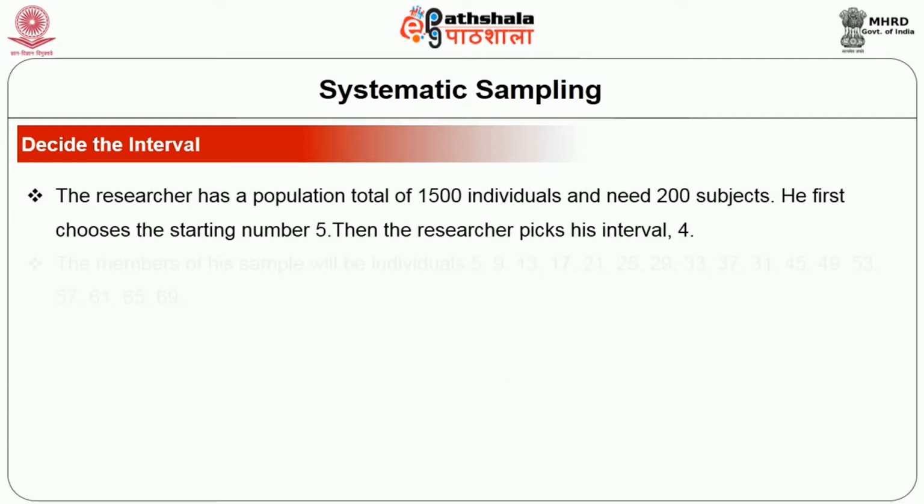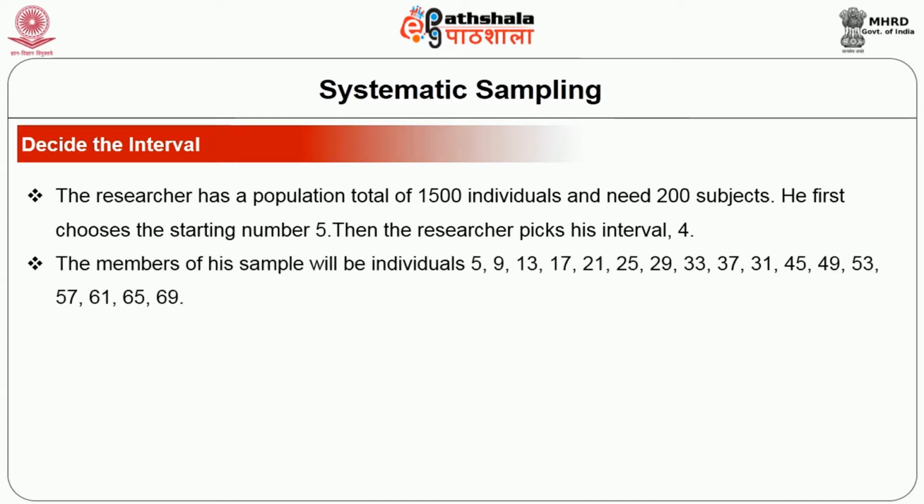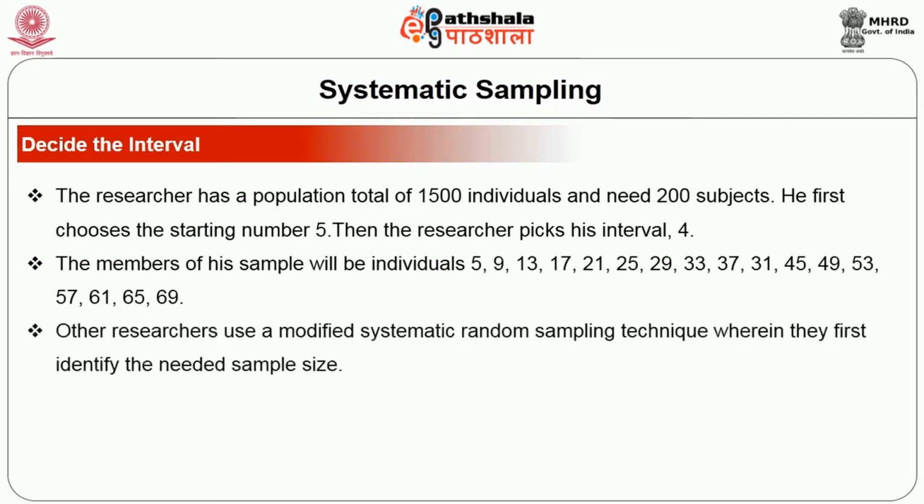For example, the researcher has a population total of 1500 individuals and needs 200 subjects. He first chooses the starting number 5. Then the researcher picks his interval, 4. The members of this sample will be individuals 5, 9, 13, 37, 49, 61, 69, etc. Other researchers use a modified systematic random sampling technique wherein they first identify the needed sample size.